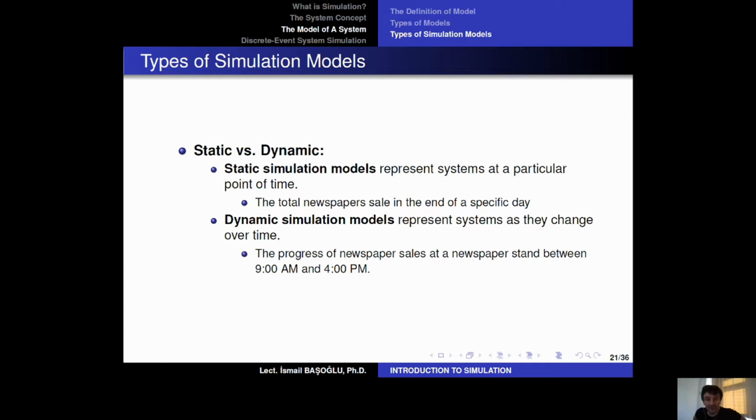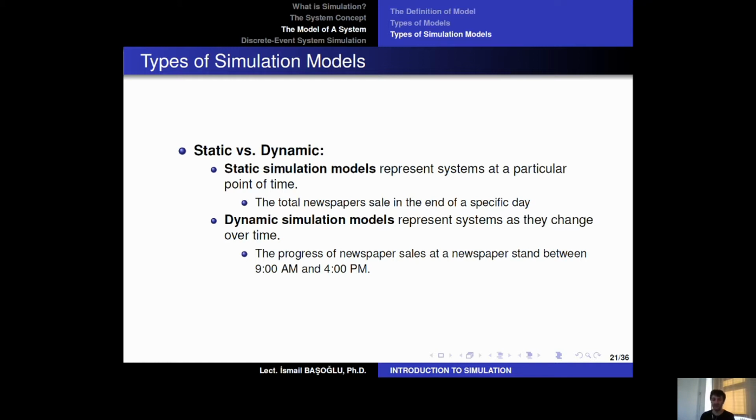Now, we can also classify the simulation models. We can say simulation models are either static or dynamic. Okay, what is a static simulation model and what is a dynamic simulation model? Static simulation models represent systems at a particular point in time. Now we are going to perform a simulation of a newspaper stand.